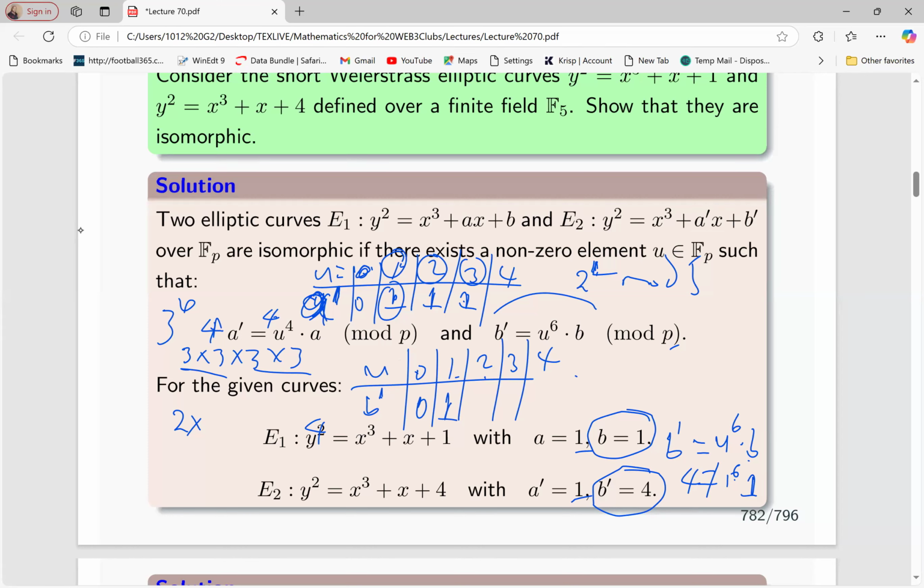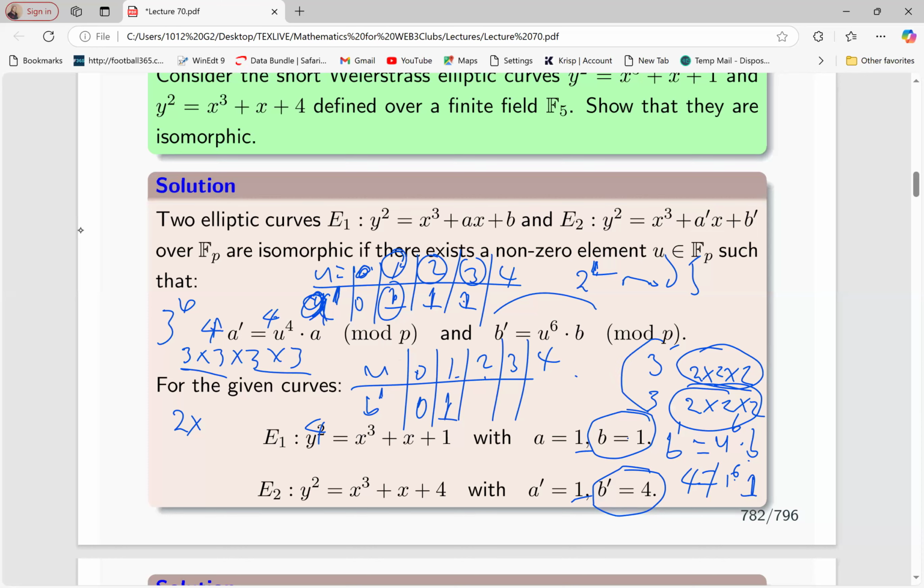2 raised to 6. This is 2 raised to 3, mod 5 is 3, and this is again 2 raised to 3 mod 5, which is again 3, because that would be 8, and 8 mod 5 is 3.